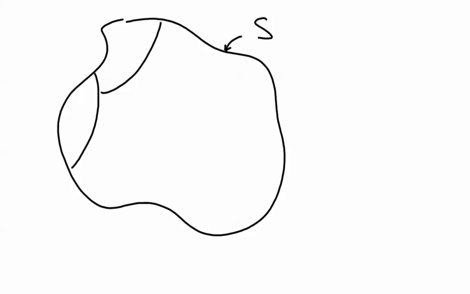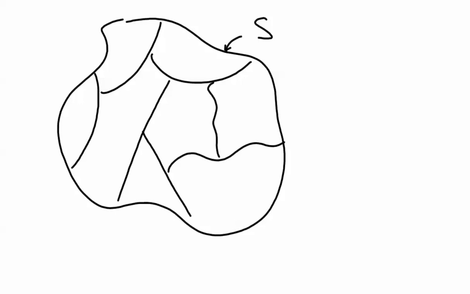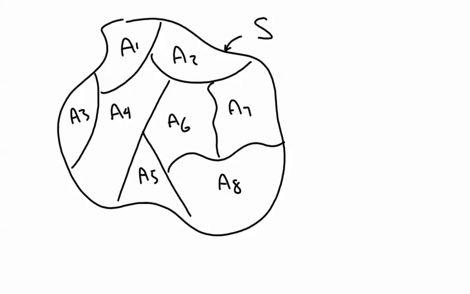From a Venn diagram perspective, it might look like this. There's a sample space. Let's make a partition. So I've got A1, A2, A3, A4, A5, A6, A7, A8.